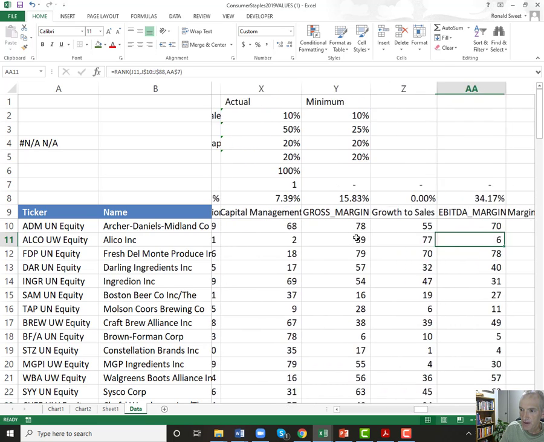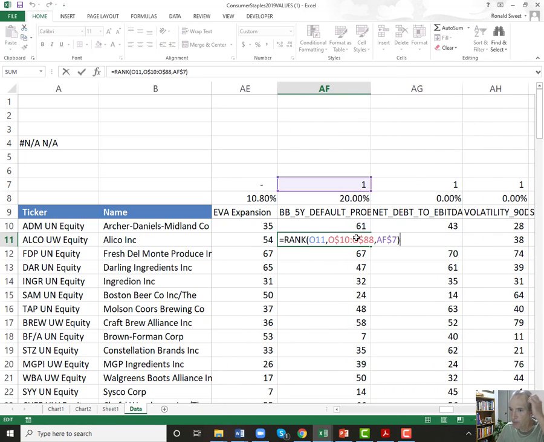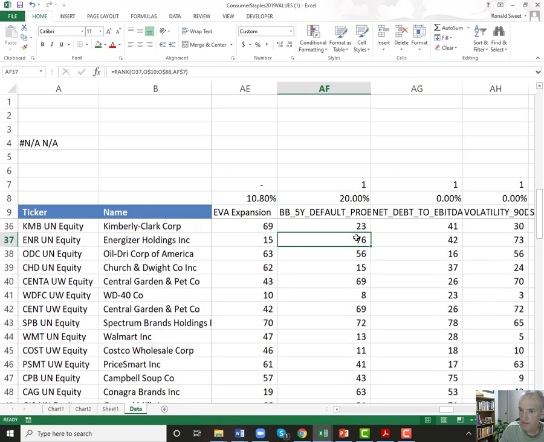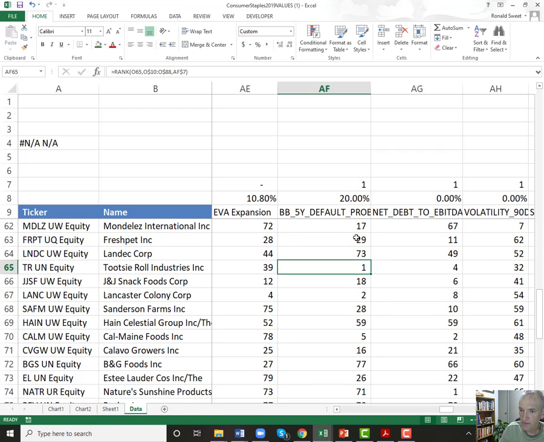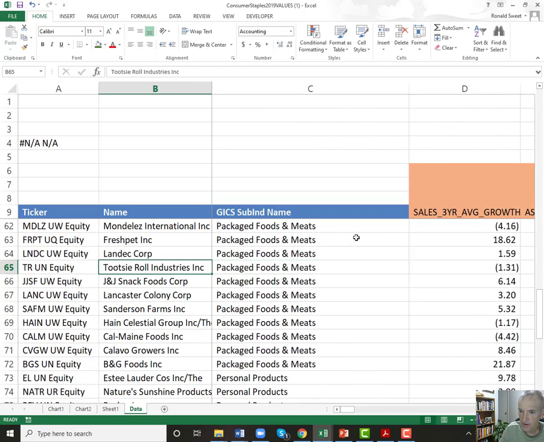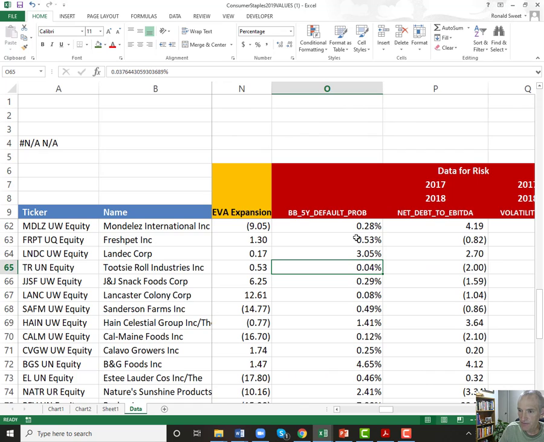And you have some things related to risk, like the probability of default. You notice here we're using comma 1, and that's because a firm that has a high probability of default should be ranked lower than a firm that has a low probability. So Tootsie Roll has the lowest probability of default, kind of an interesting company. Its probability of default is only 0.04%. That's amazing.